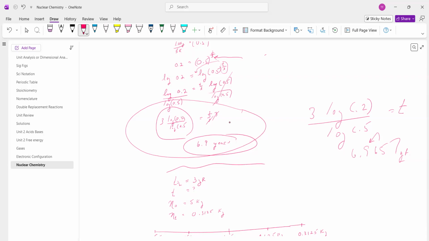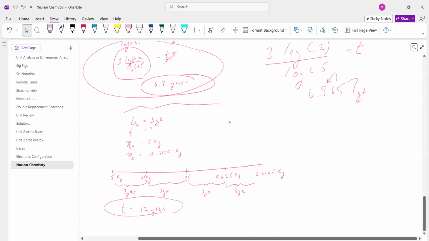So a to the sixth is the same as 6 times the log of a. Let me do another really easy example.